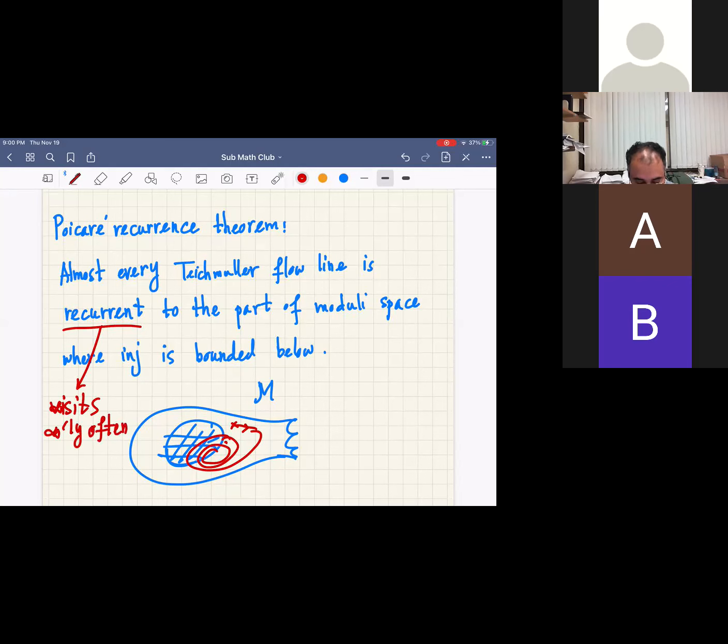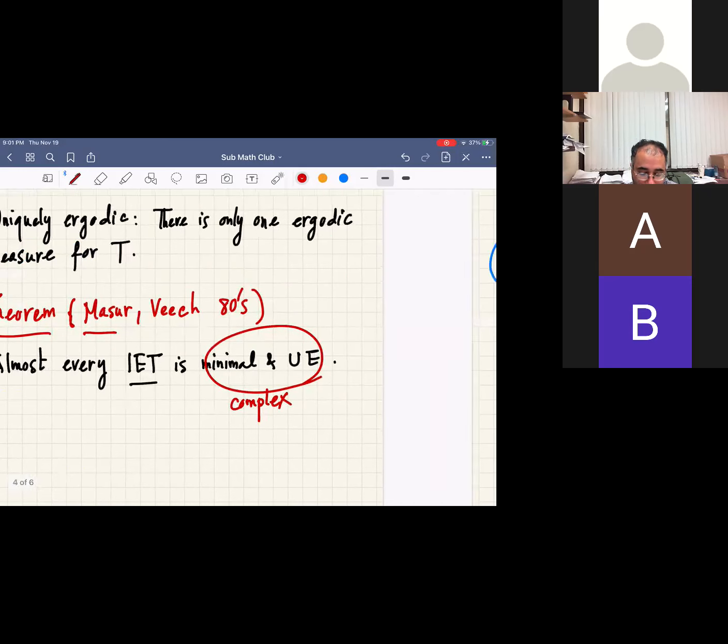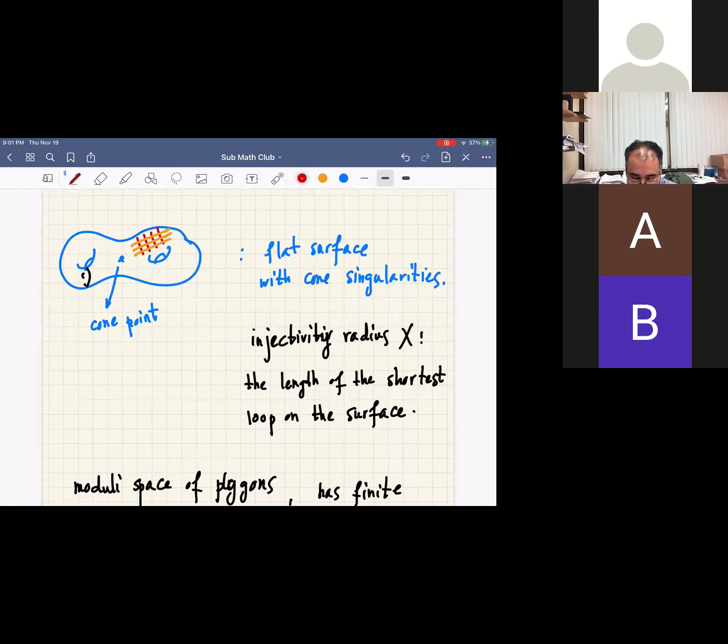Okay, so right now, as you saw, we started from this interval exchange map, which was this boring way of rearranging intervals, and I told you about some basic notions about the complexity of a dynamical system, in this case the interval exchange map, which were minimality and unique ergodicity.